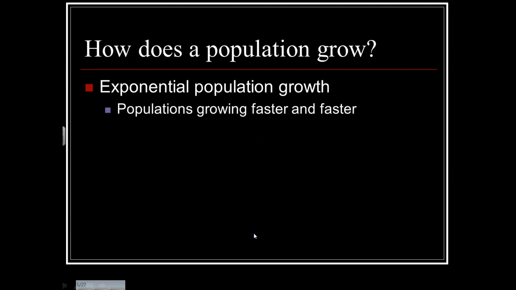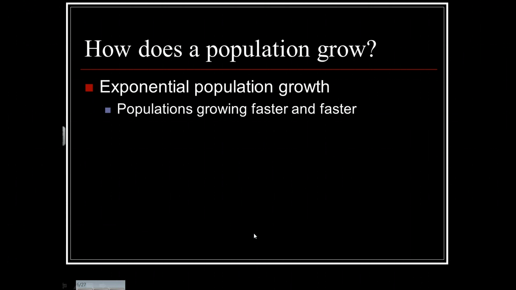We're going to continue looking at population growth. If you look at your book on page 213, there's a map that shows you what happens with exponential population growth. You might remember the word exponent from your math classes. When we talk about exponents, we're talking about something to a power, like x to the 2nd power or 7 to the 5th power.